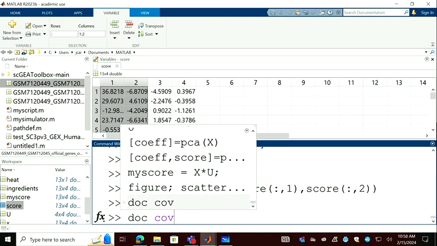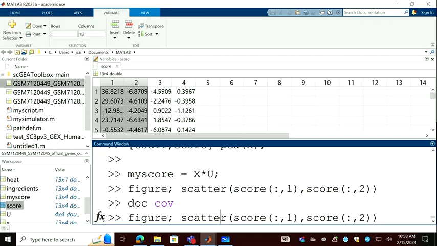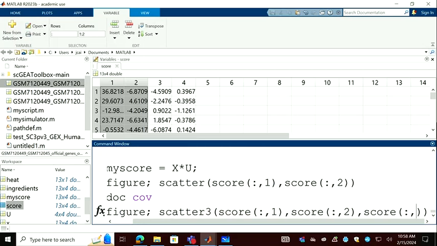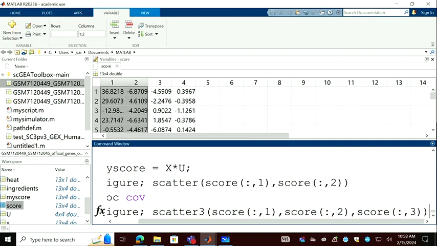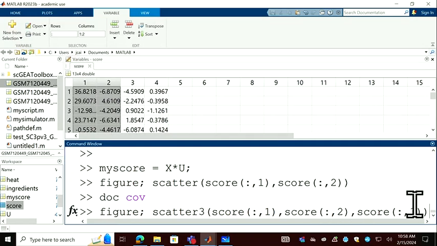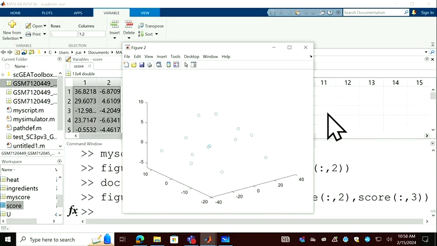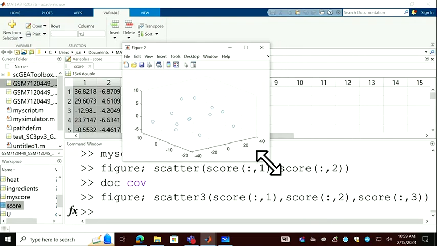And also, if you want to plot 3D, you can see, okay, I want to use the first 3 components. You can do the same. Okay, so this is a 3D.